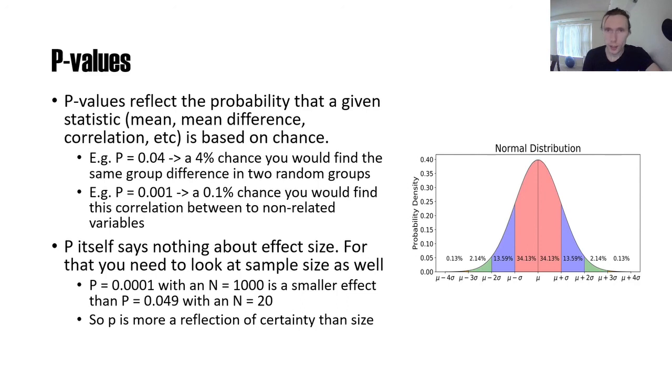But if the IQ score of the coffee drinkers is 100 and the IQ score of the tea drinkers is 100.1, then yes, on so many people that may be a significant difference. But that difference is obviously almost meaningless, because a person with an IQ of 100.1 is not really smarter than a person with an IQ score of 100.